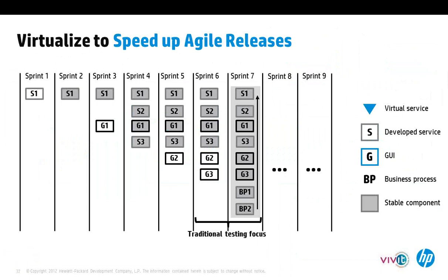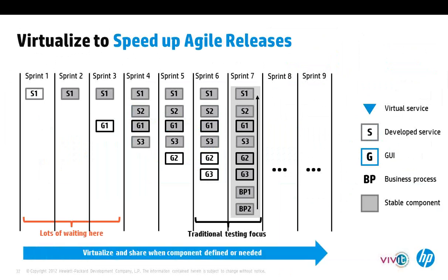What you see on the screen here is that traditional testing focus would come later in the sprints, especially for system integration testing, where the end-to-end system would be ready and integrated with other components in the environment. And you can see the legend here for services that are developed, whether it's a GUI or a business process. A gray shaded one is a component which is stable.